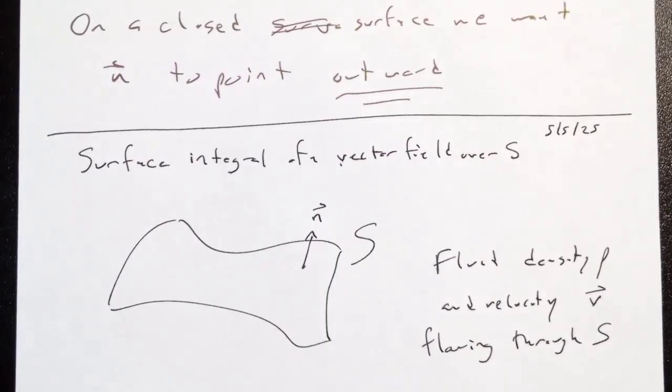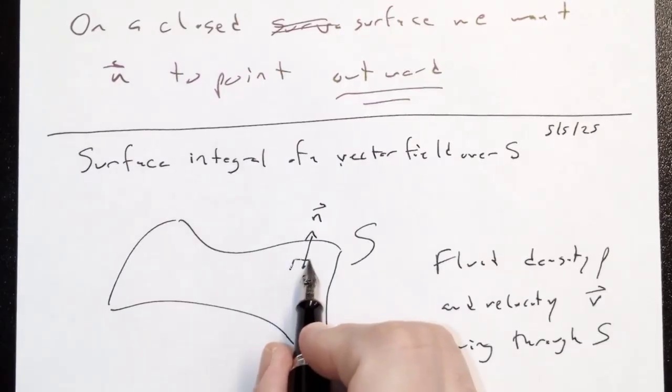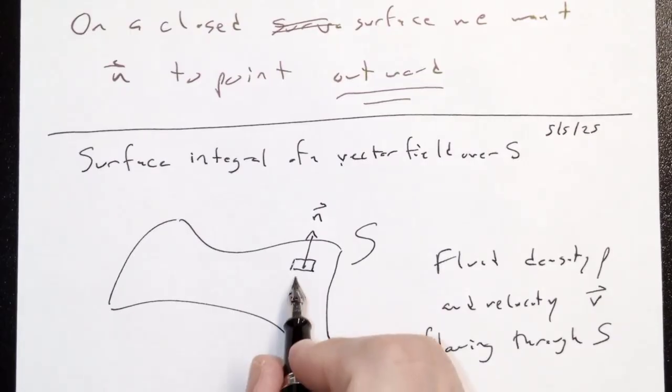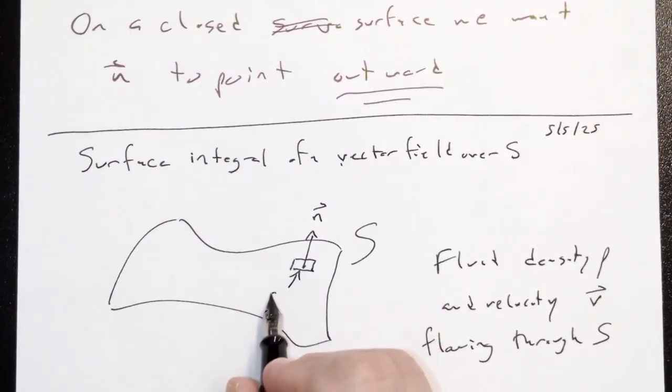What I want to measure is the amount of fluid crossing some little square. Here's a little square. We'll call that the area. We'll call that the ij square. Hey, wait a minute.